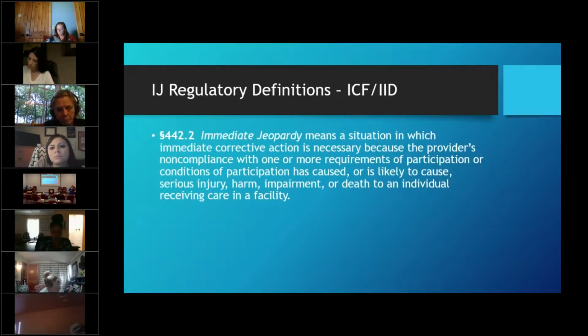Either the conditions are considered met, meaning there's not a bunch of deficient practice going on in those areas, or not met. If a condition of participation is not met and it has likelihood to cause injury, harm, impairment, or death, then you're probably going down the IJ road.